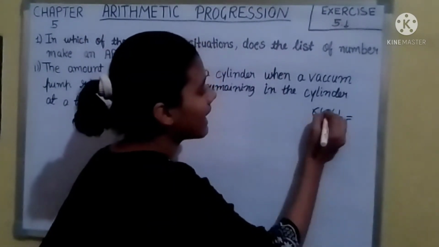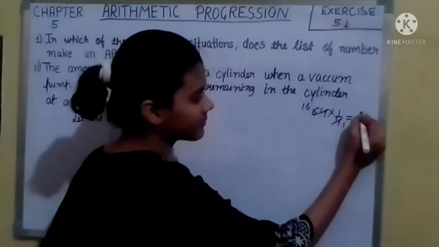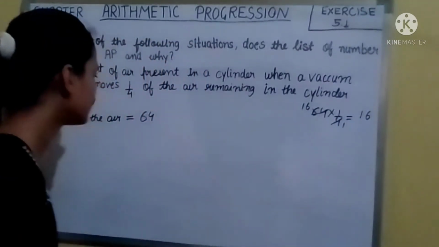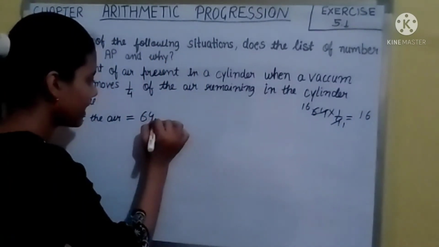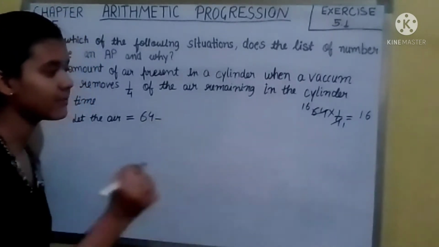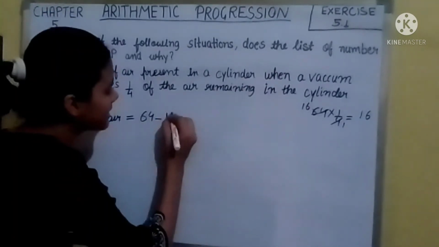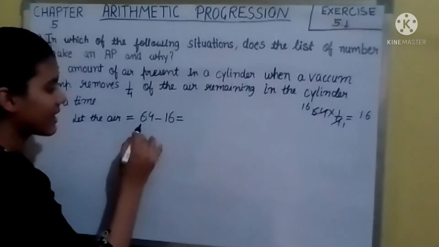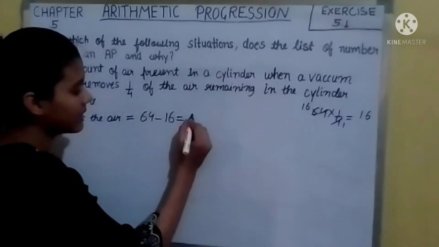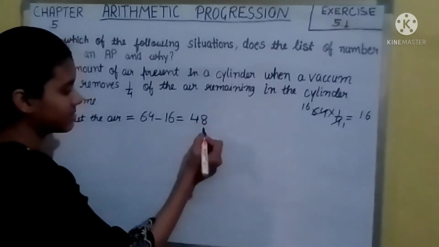So 4 ones are 4 and 4 sixteens are 64, so we have got 16. Now when we subtract 16 from 64 we will get 48.